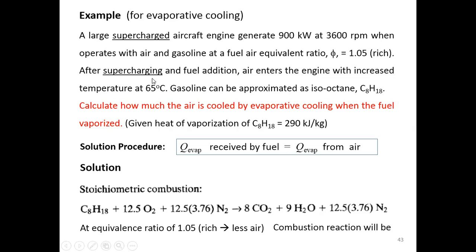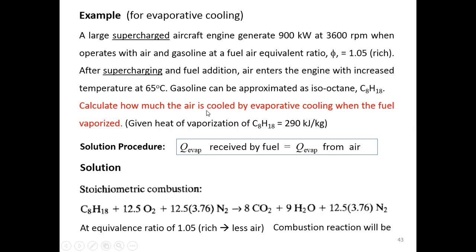After supercharging and fuel addition, air enters the engine with an increased temperature of 65 degrees Celsius. See, the air temperature increased due to supercharging here. Gasoline can be approximated as isooctane, C8H18.